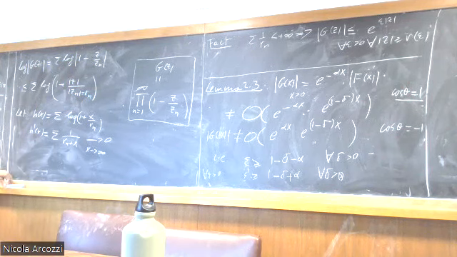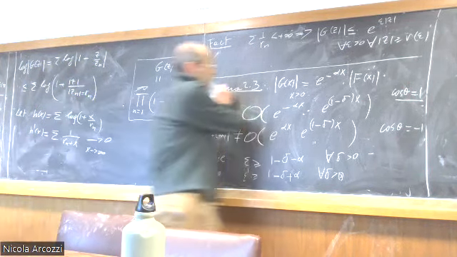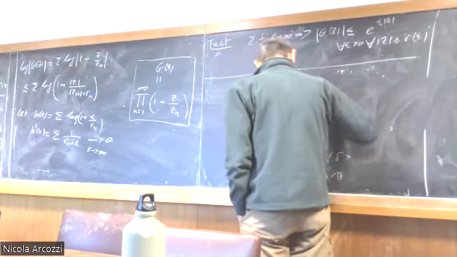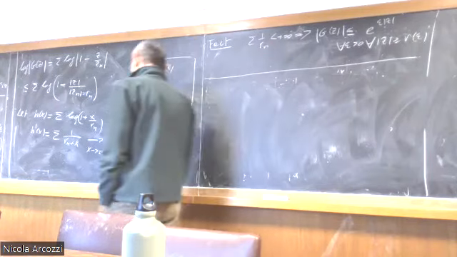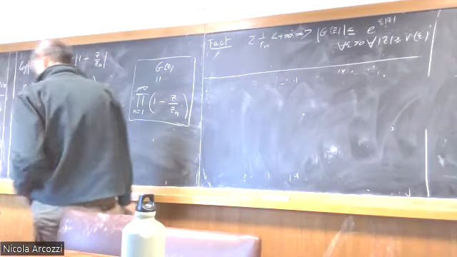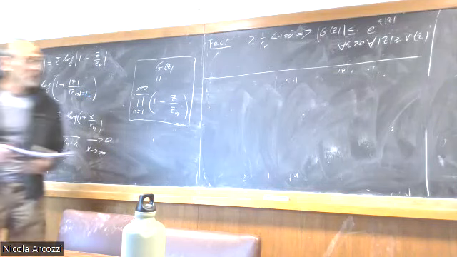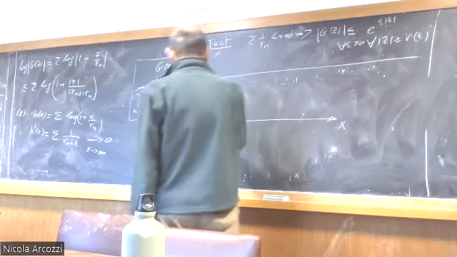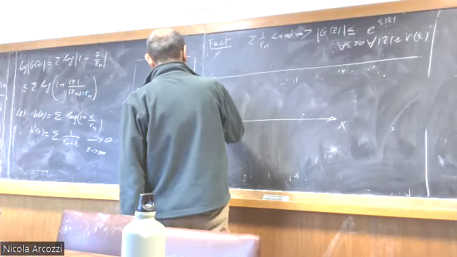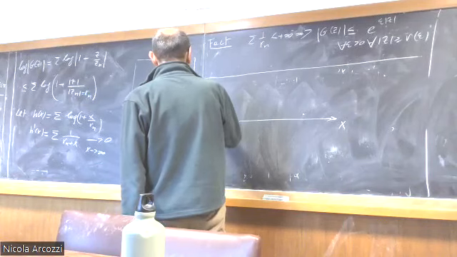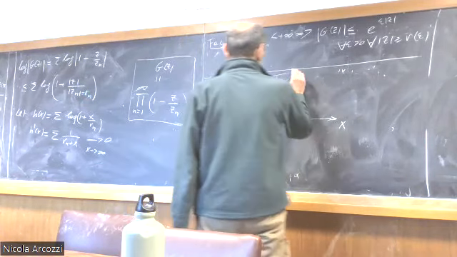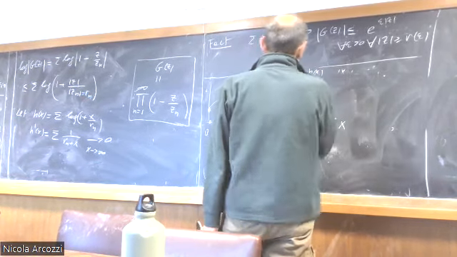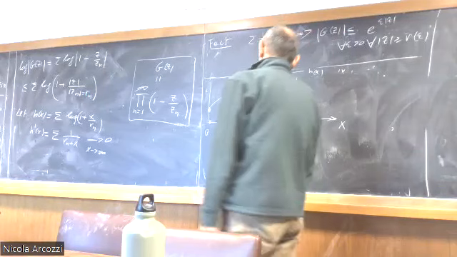So the punchline is that, let me move with the graph. So this is x greater or equal than 0, and this is the function h of x over there.